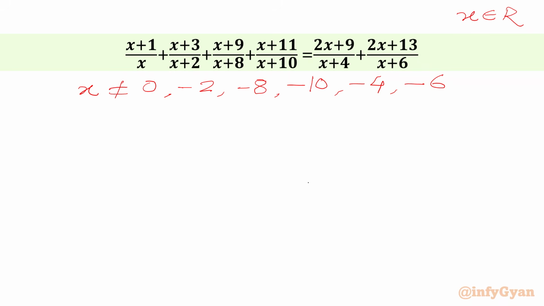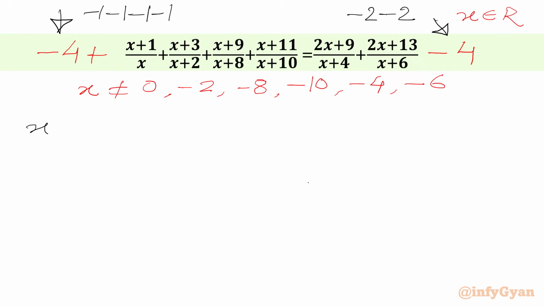Now we'll subtract 4 from both sides of the equation to get rid of the numerators' variable. On the left side, we split this -4 into -1, -1, -1, -1, and on the right side we split it into -2, -2. Let's do that.